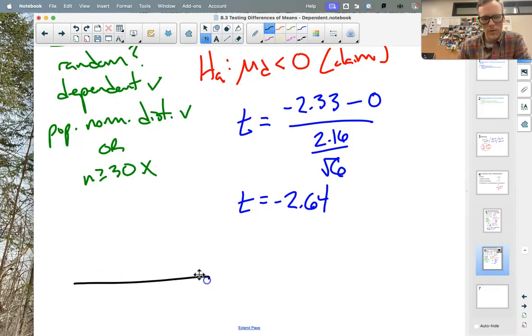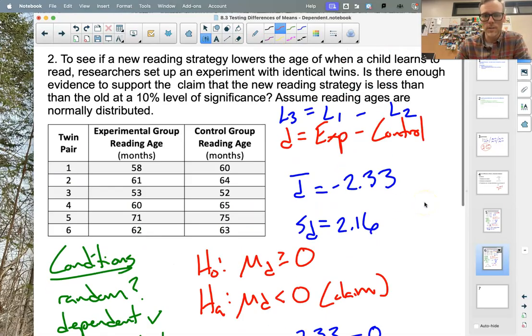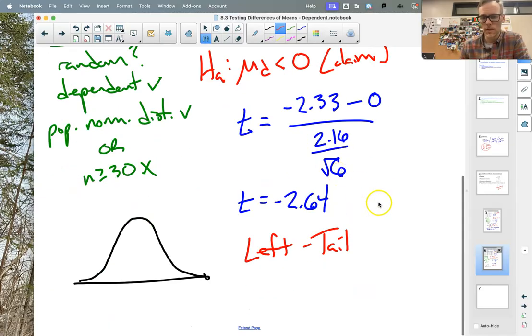All right, let's set up our rejection regions. Right tail, left tail, two tail. This is a left tail test. Now, if you would have subtracted in the other order, your alternative would have been flipped. It would have been a right tail. But it's a left tail test. Level of significance, 10%. n was 6, so we have 5 degrees of freedom.